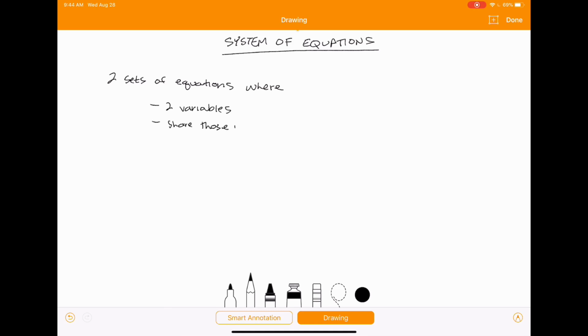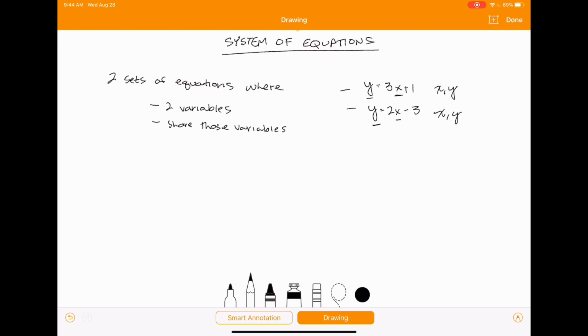For example, a system of equations would be y equals 3x plus 1 and y equals 2x minus 3. As you can see here, we've got two equations. Each equation has two variables and it's the same variables. This first equation has the variables x and y, and this one also has x and y.